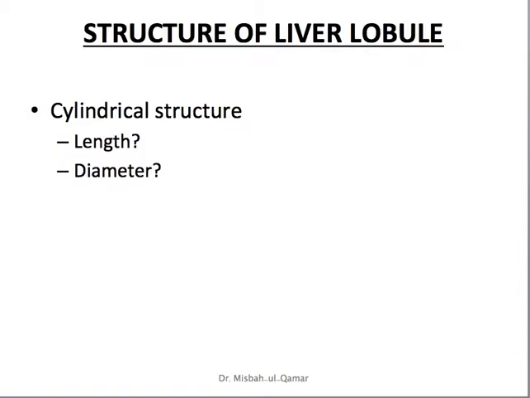Now, what is this liver lobule? It is a cylindrical structure with a length of several millimeters and a diameter of around 0.8 to 2 millimeters, and it is constructed around a central vein.